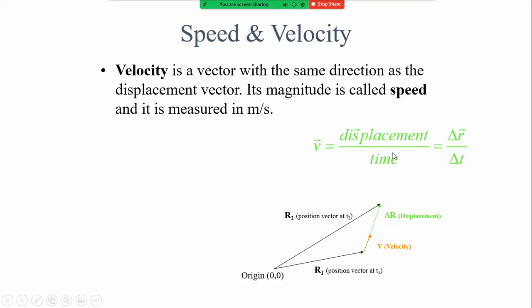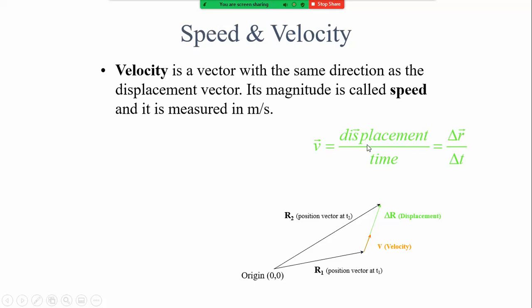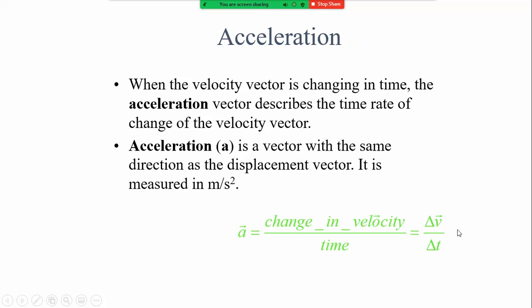Now you can start to look at the smaller amounts of displacement versus smaller amounts of time to get a more accurate velocity, and we may delve into that later. Acceleration, just like velocity is the change in displacement over time, acceleration is the change in velocity over time.